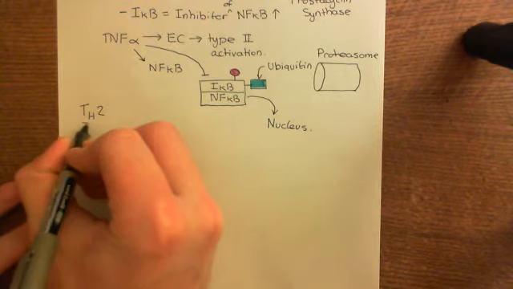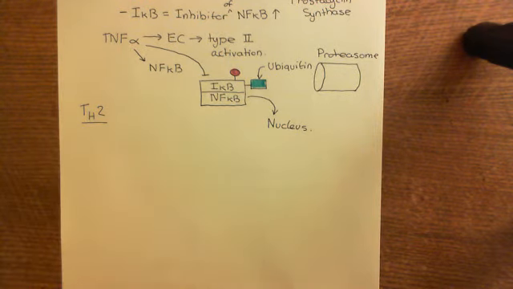So remember, what happened in the late phase was that T helper 2 cells could be recruited in to the lamina propria by these type 2 activated endothelial cells, and they started producing two proteins.